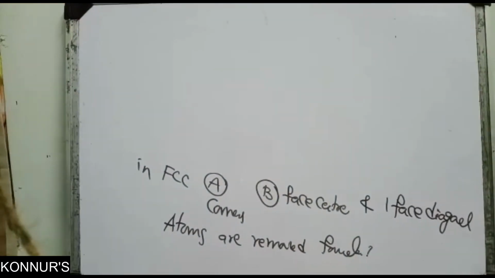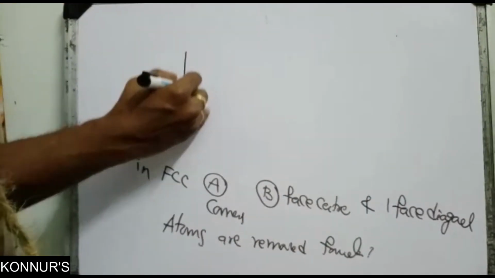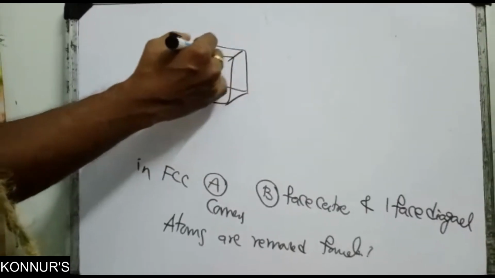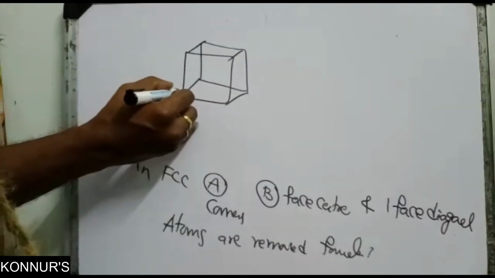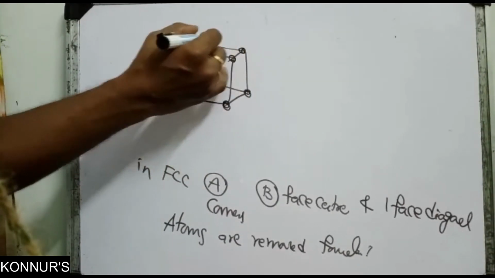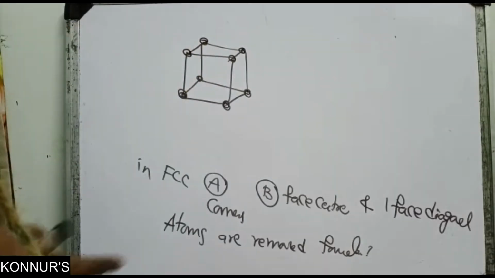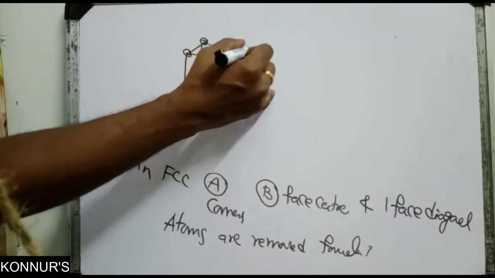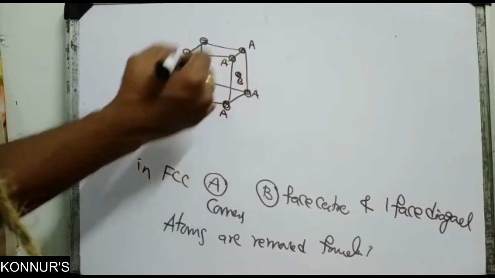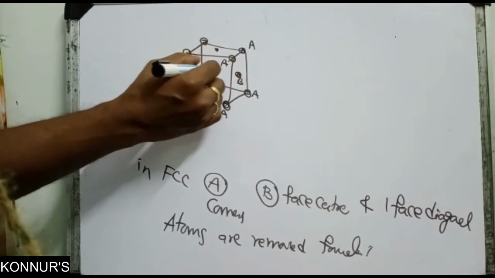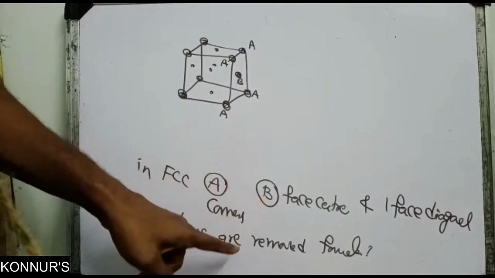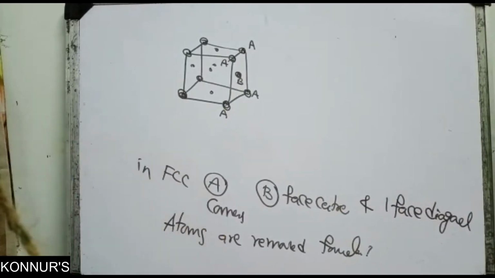So here, write down FCC structure. A is connected with corners, B is at the face centers. So this is A, this is B. Face centers are 6. They are telling that the face diagonal atoms are removed.